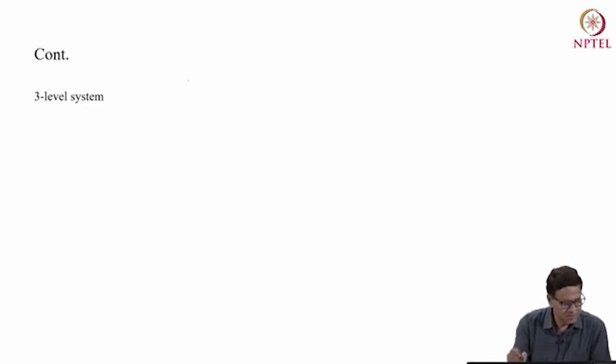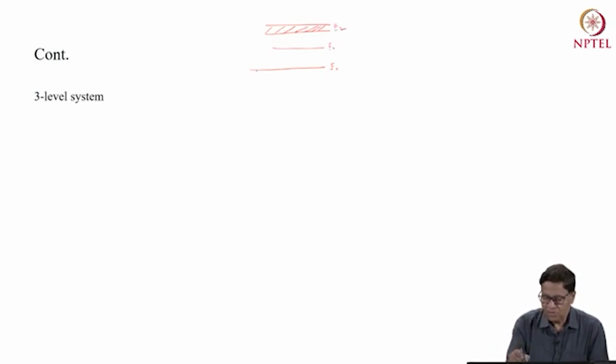So the 3-level system basically has 3 levels here. So this is energy E0, E1, E2. First you give some pump energy. It can be another source of light, so that the electrons are lifted to energy level E2.